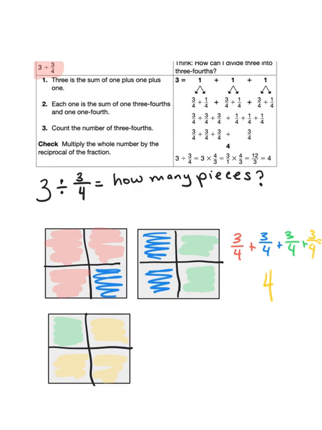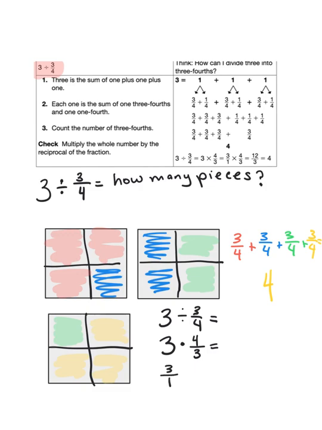For a faster, more efficient way to double check your work, take 3 divided by 3/4. We're going to multiply 3 times the reciprocal of 3/4. The reciprocal or inverse of 3/4 is 4/3.